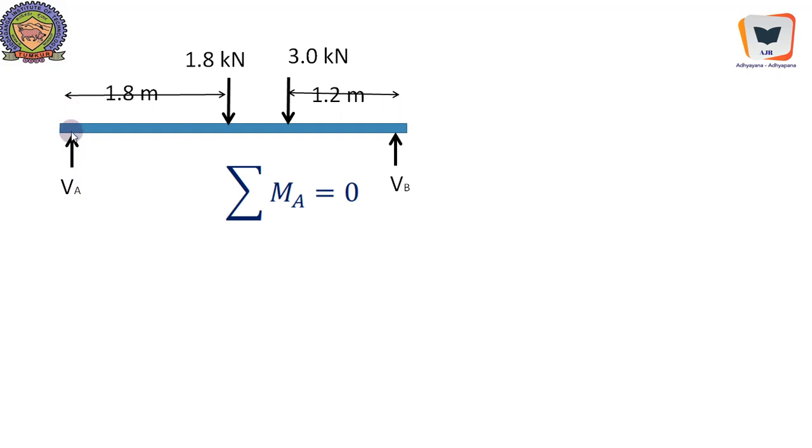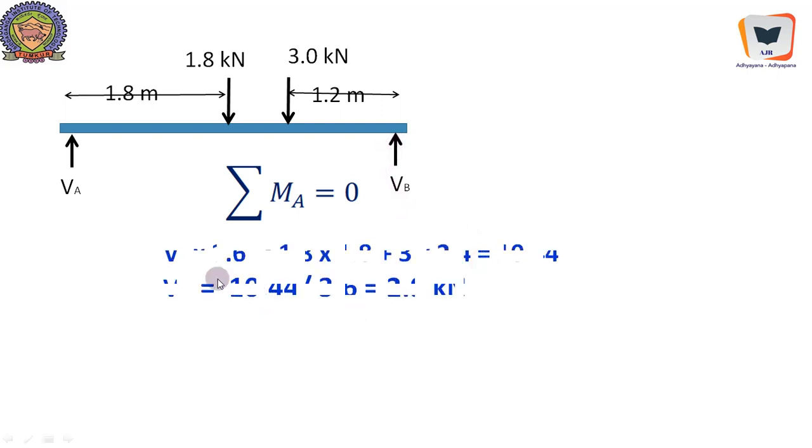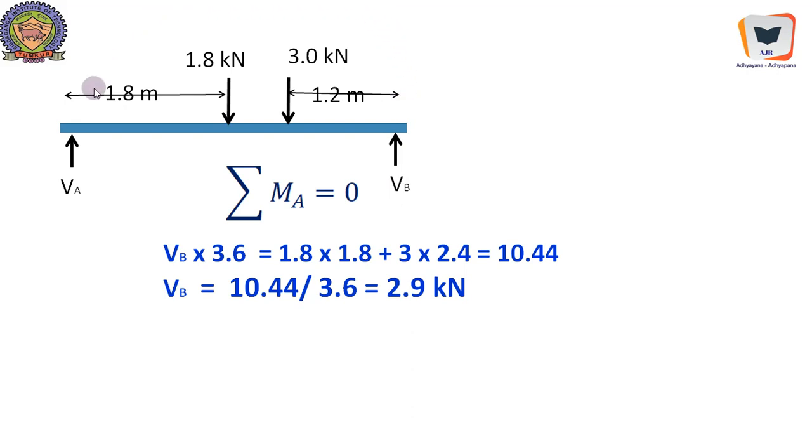So in order to take the moment about this particular point, we need to release the support over here. As soon as we release the support, we should apply the vertical reaction over here, and this vertical reaction will have a negative effect because it is anti-clockwise.